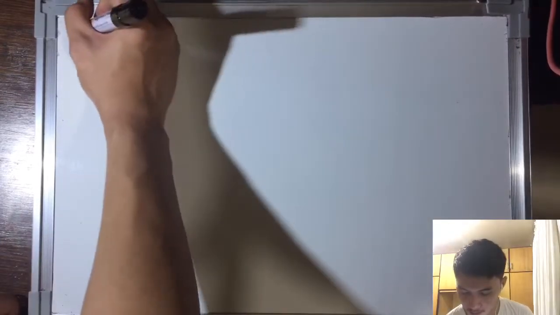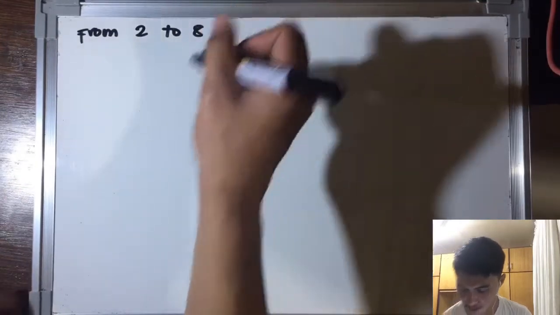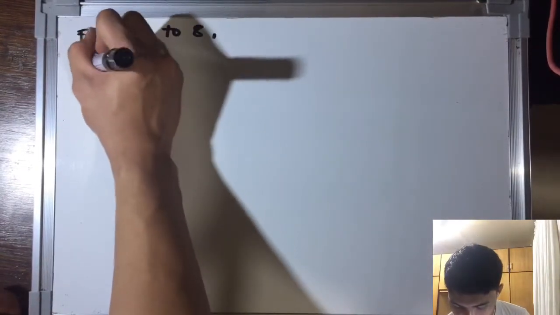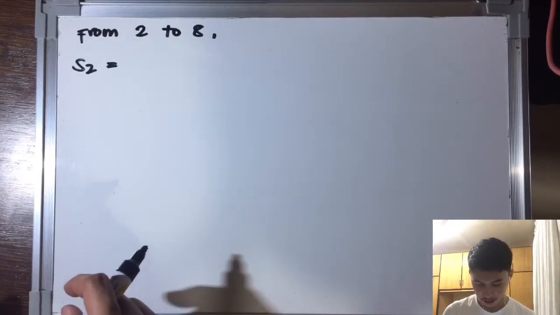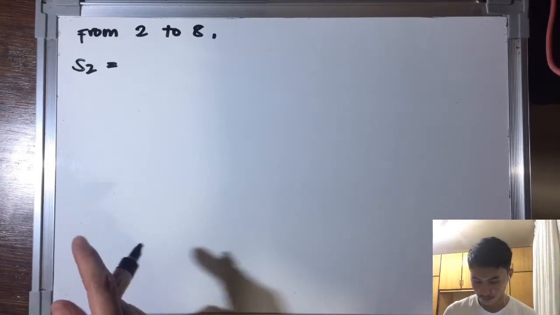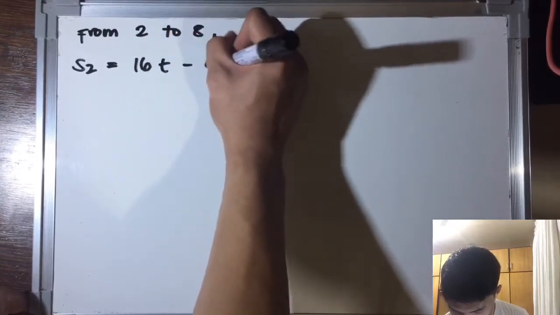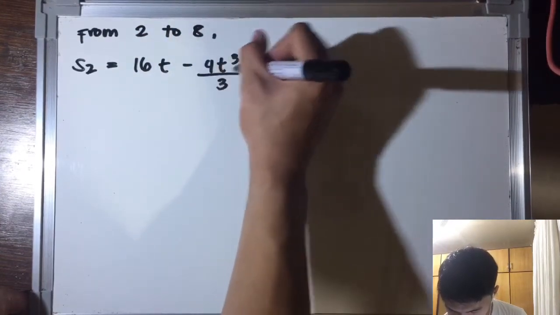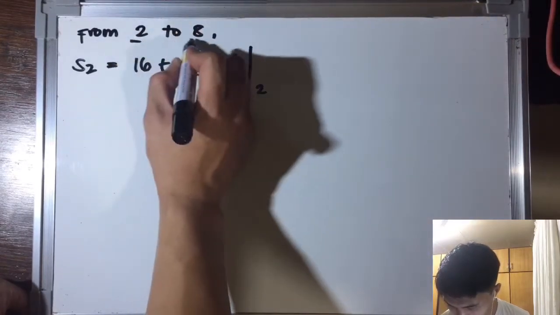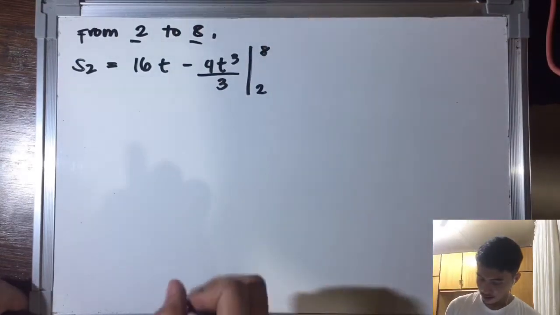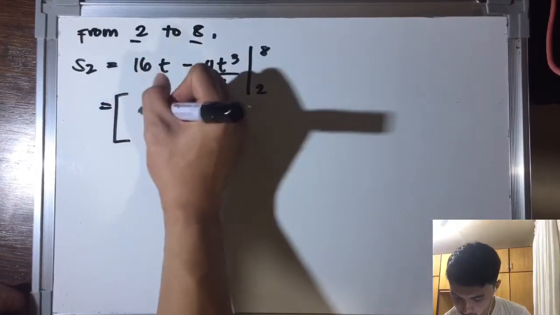For the next time interval from 2 to 8 seconds, para mas mapadali na yung buhay natin, let us just copy the integrated form of the velocity, which is 16t minus 4t cubed over 3, limited to, again, our next time interval, 2 and then 8. We are just going to substitute these time intervals.